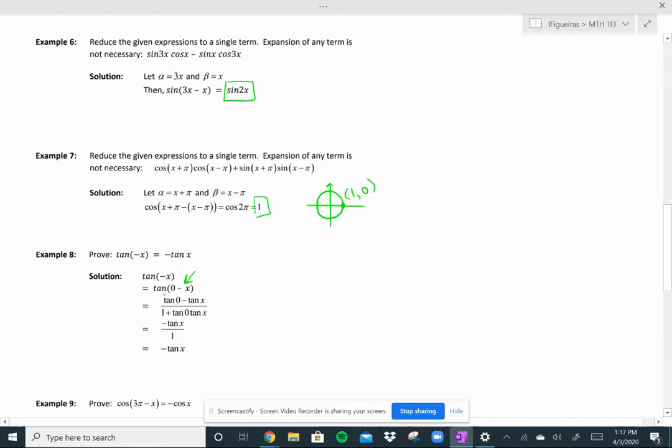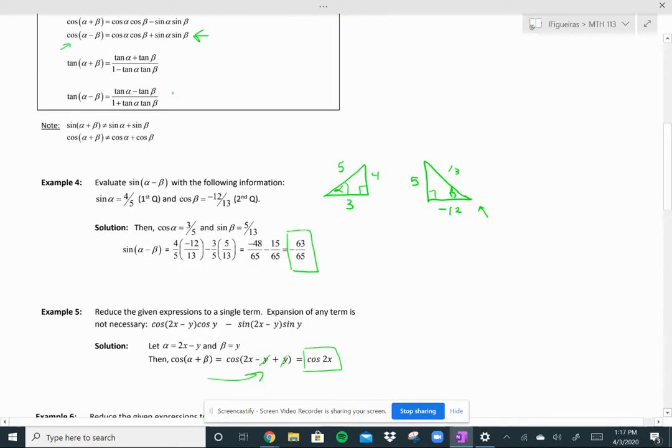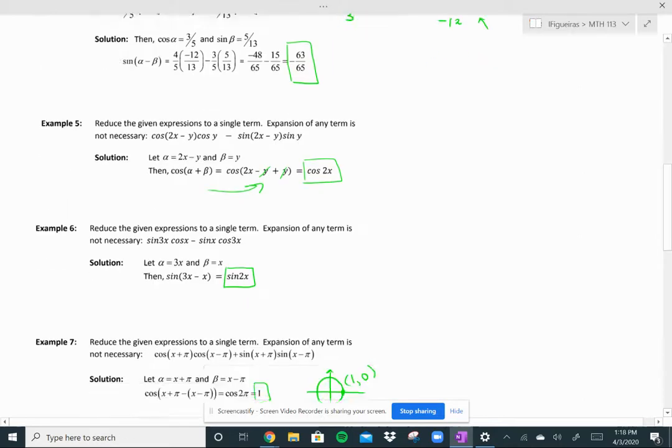Once I write it as the tangent of 0 minus x, that means I have to use this formula here. That is the difference of two angles where my alpha is going to be 0 and my beta is going to be x. So notice there is a fractional expression. So that's what you should see below.